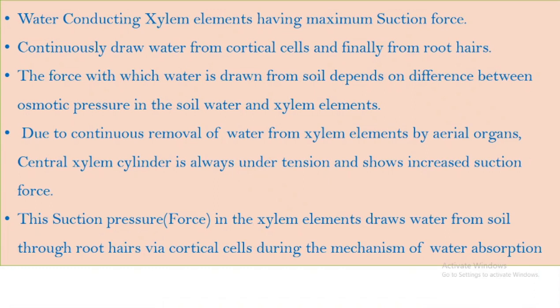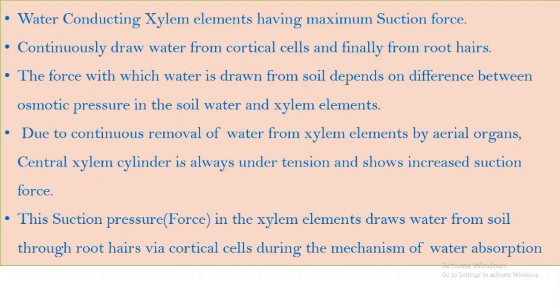The water conducting xylem elements have maximum suction force. Continuously they draw water from cortical cells and finally from the root hair cells. It means the path of water is from root hair cells to cortical cells, and then from cortical cells to the xylem element. The force with which water is drawn from soil is mainly the difference between osmotic potential in soil water and xylem element.